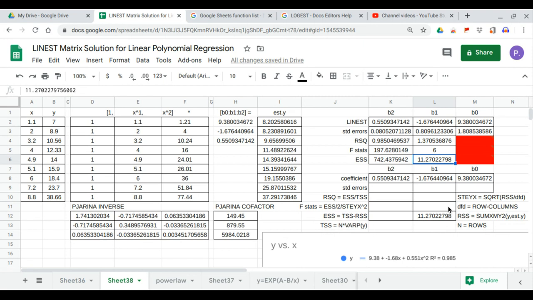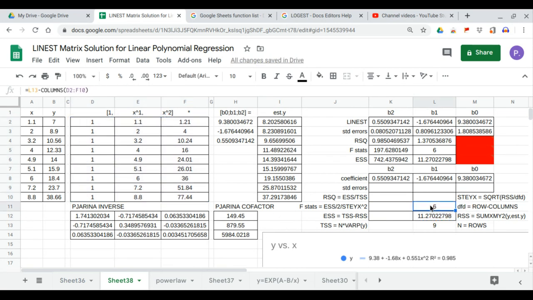Then we calculate the degrees of freedom. We begin with the rows. So n is the number of rows of the range. There are 9. So our DFD, degrees of freedom, is rows minus columns of the range, which is 6.